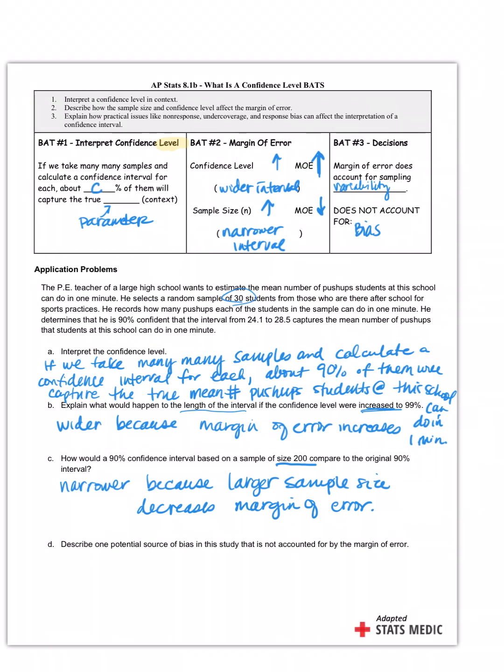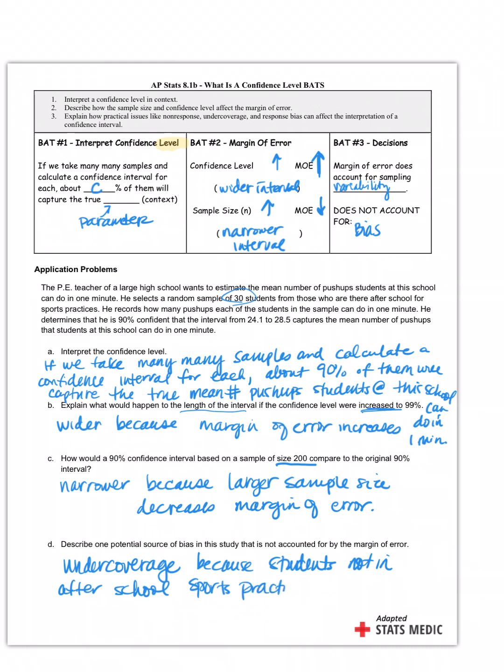So that means that there's an undercoverage bias. So there's undercoverage because students not in after school sports practice are not represented.